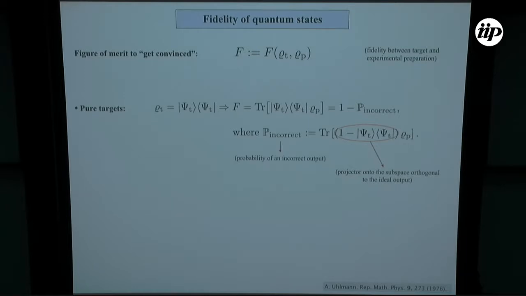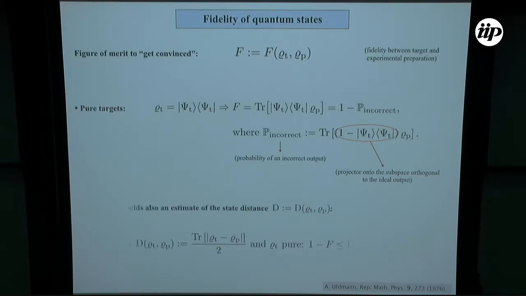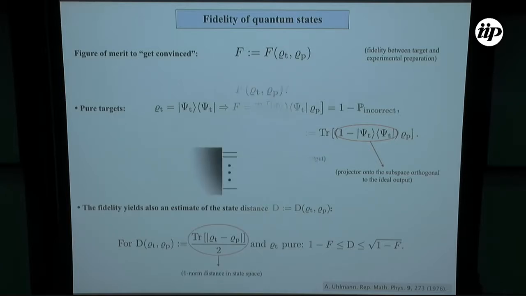That's the figure of merit with which I'm going to measure whether 2 states are close or not. People like this figure of merit in quantum information because it measures the probability of doing a measurement on your preparation and getting an incorrect outcome. You can also relate it to a more mathematical distance, which is the trace distance.